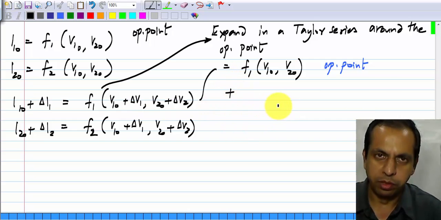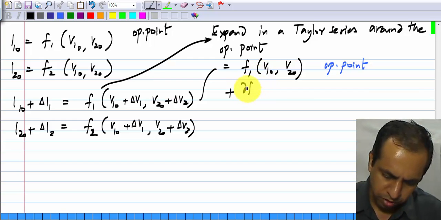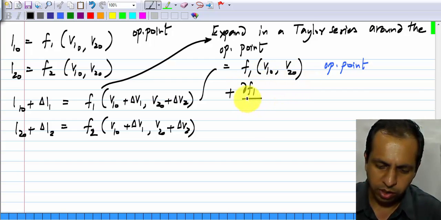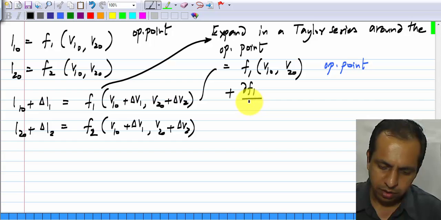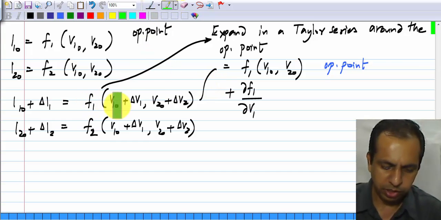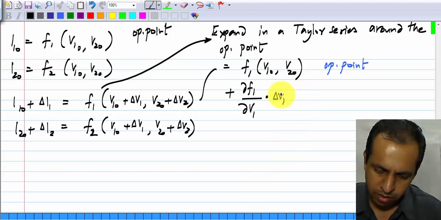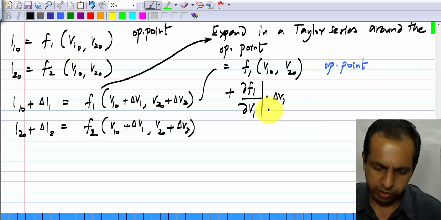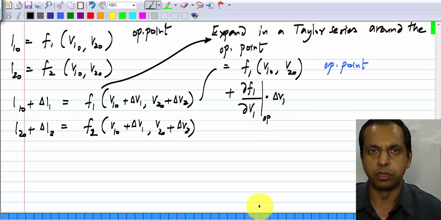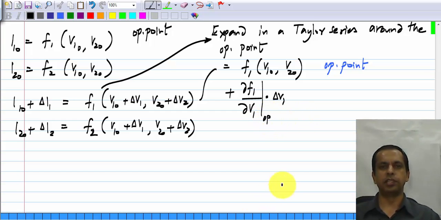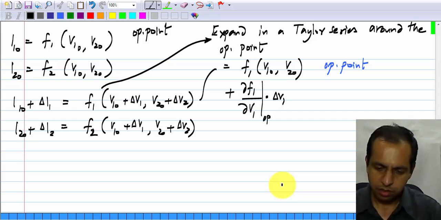Now, we have two variables. So, the first order terms will be these which have partial derivatives with respect to each variable, that is partial derivative of this function with respect to V1 times delta V1, and this partial derivative has to be evaluated at the operating point, because the derivative itself changes depending on the voltages and currents.